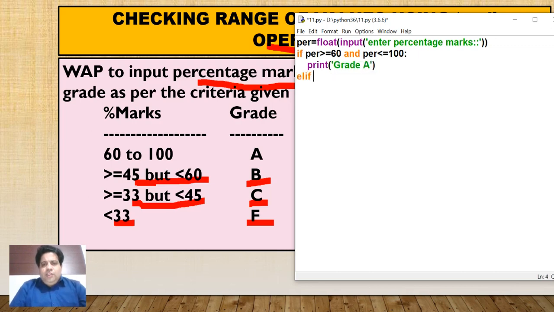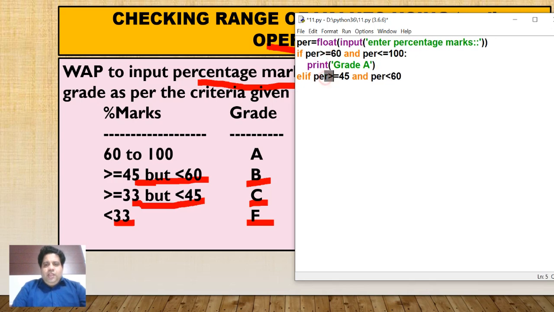Now elif. Why are we using elif? Because there are multiple conditions. Second: if per greater than or equal to 45 and per less than 60. See here, 60 will not be included because 60 is included in the above condition.